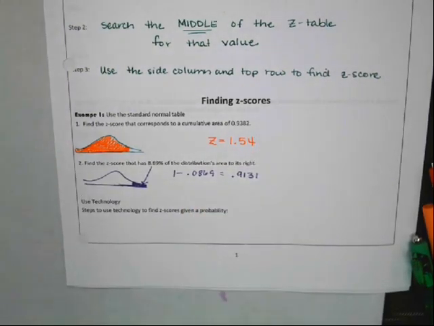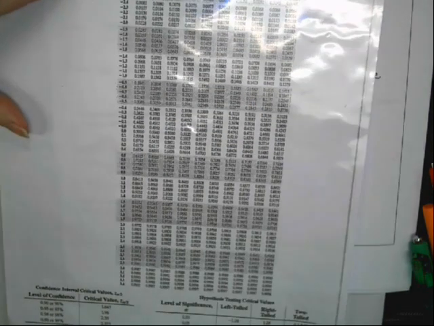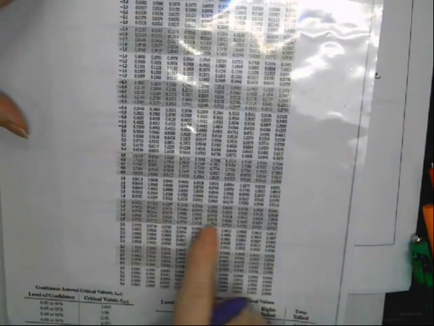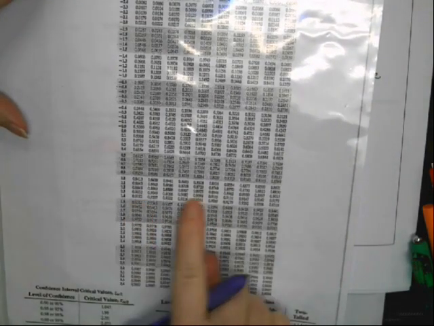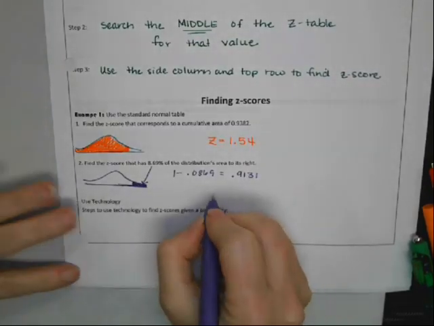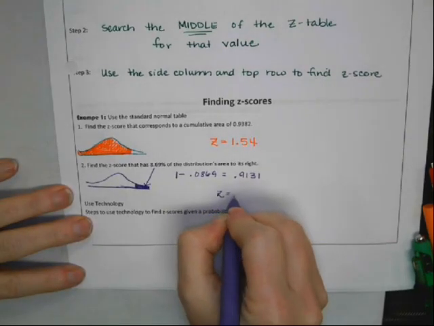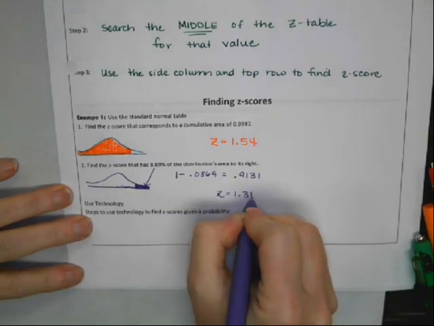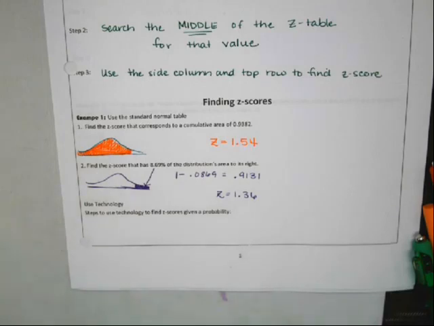That is the area under the curve. So I'm going to go to my z-table, and I'm looking in this part for 0.9131. That's 1.36. Are y'all good? Not bad, right?